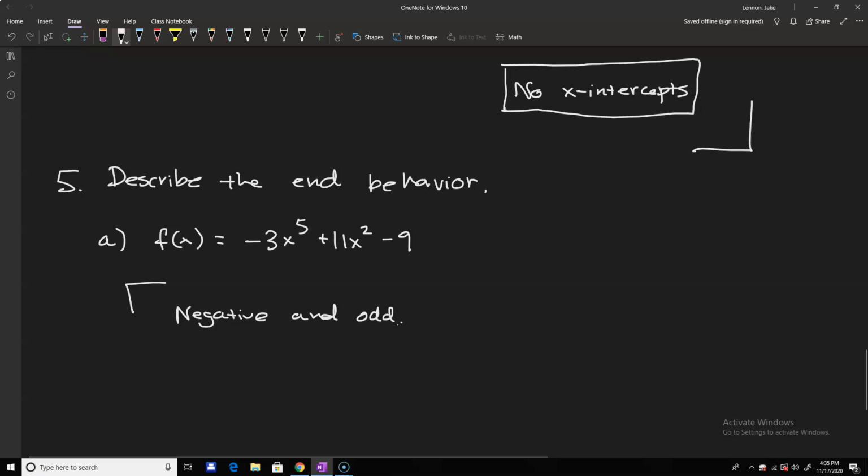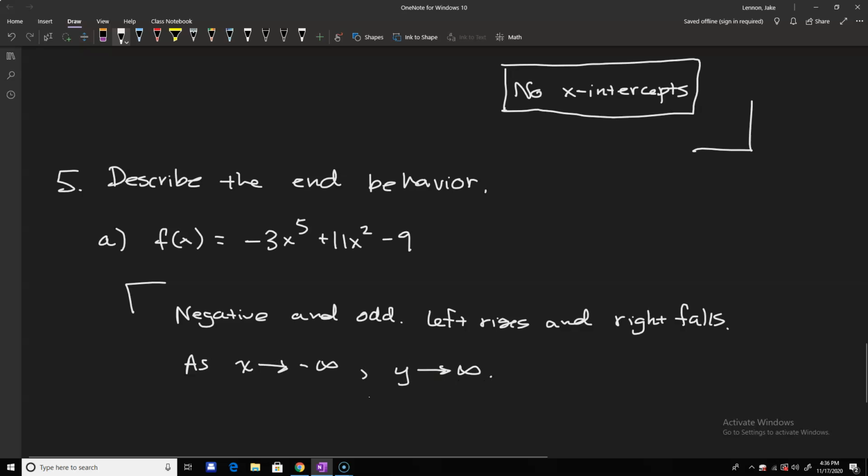So you can go back to the notes from the section on graphing polynomials, where we broke this down into 4 cases, so I'm not going to rehash that here, but this would mean that the left side rises and the right side falls. Another way to say that is as x goes to negative infinity, which means as you're moving to the left, y would go to positive infinity, hence rising.